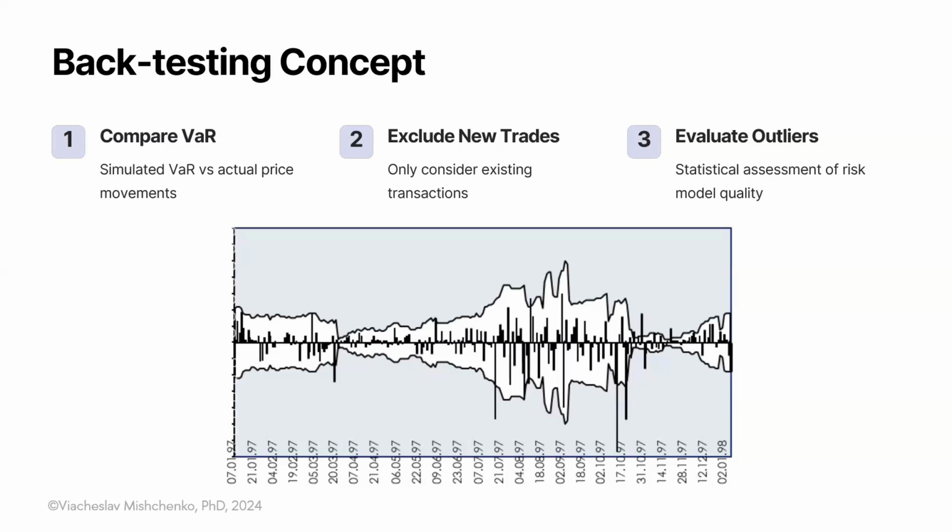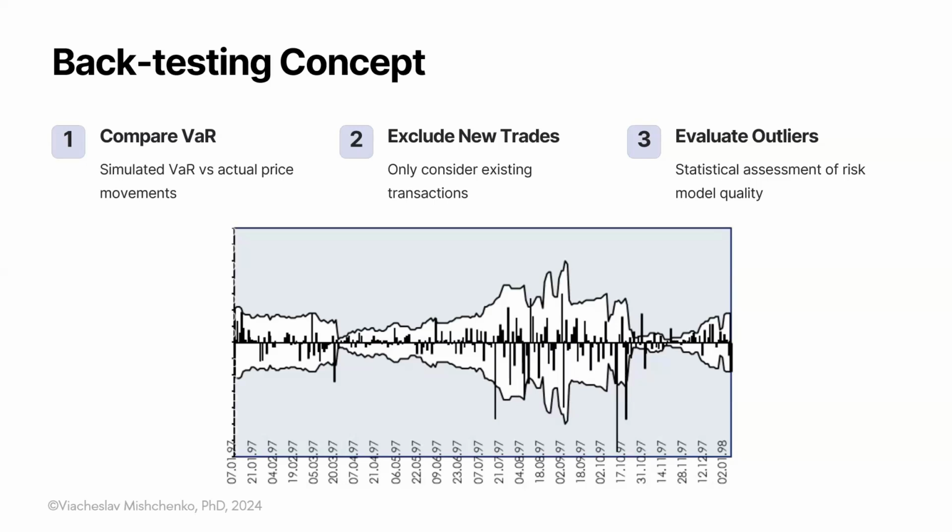And here, independence is key for sure, because backtesting should be done by a separate team from those who developed the model. So there must be a so-called Chinese wall between these two departments, the developers of the model and the backtesters. This independence really helps to prevent biases and ensures objective evaluation.